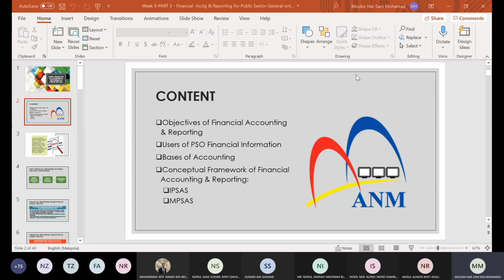Cost center, sir. Correct. Cost center. So from that angle, you can expect the type of financial reporting for that agency.